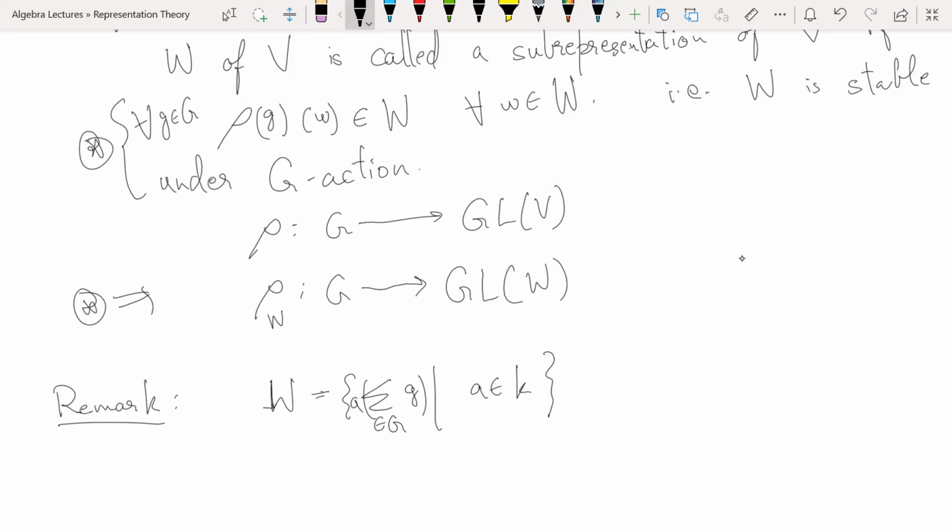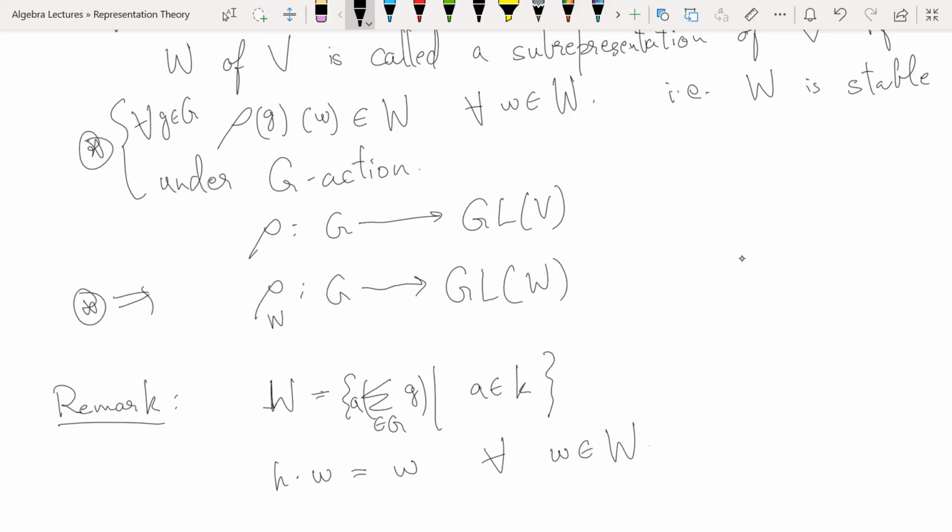And of course, the action sends this to itself because it just permutes all of them, so H times W is W for all W in W. Because if W is A times summation G, then H times W is A times summation HG.